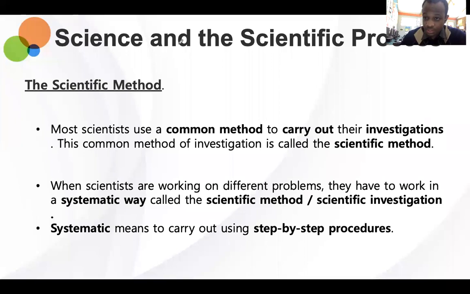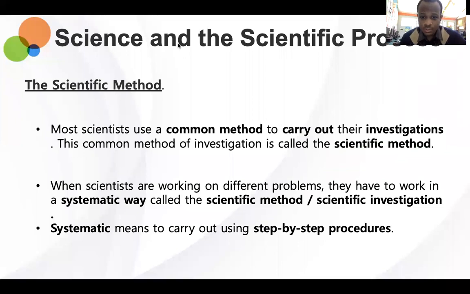So the scientific method is essentially used to make investigations on different things we want to discover, but we must do it in a specific manner.